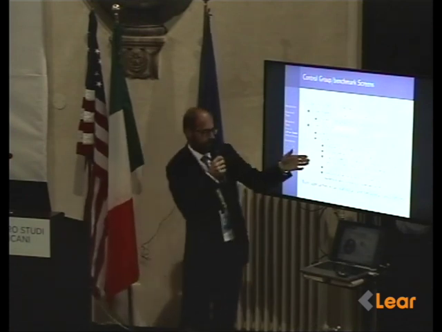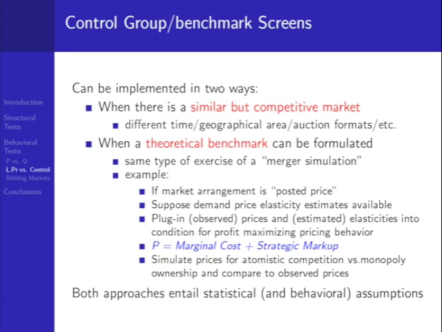And so in an example that one can apply in the setting of procurement, for instance, if the market is posted price, we can come up with a formula that links the price to some characteristics we can observe. For instance, if we have already estimated demand, then we can calculate price as a function of marginal cost and strategic markup, and then we can simulate alternative market arrangements, more competitive or less competitive, and benchmark the observed price to these polar cases.